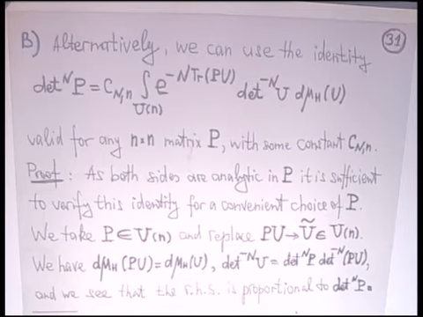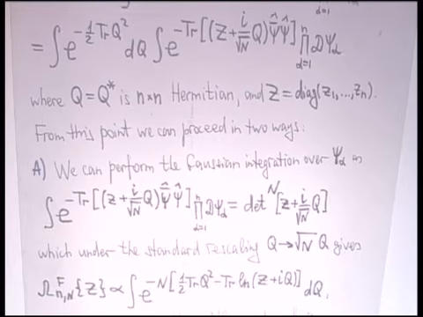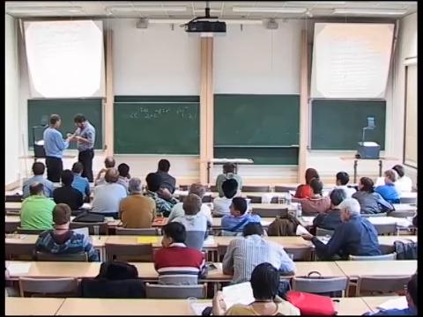Let me remind you, just before, we have here our integral equal to a determinant raised to the power n. Do you understand how it's, where was it? Here, in this whole thing.